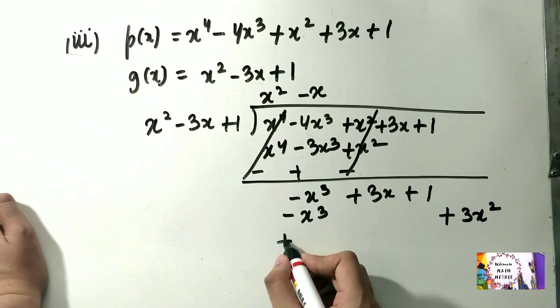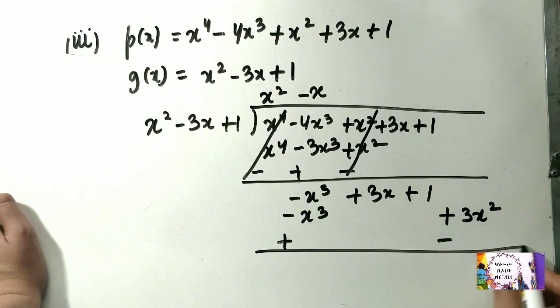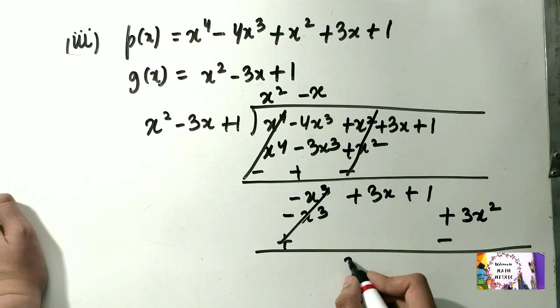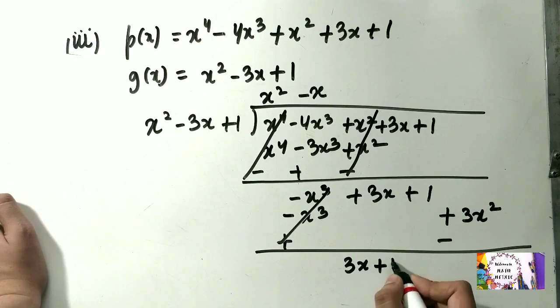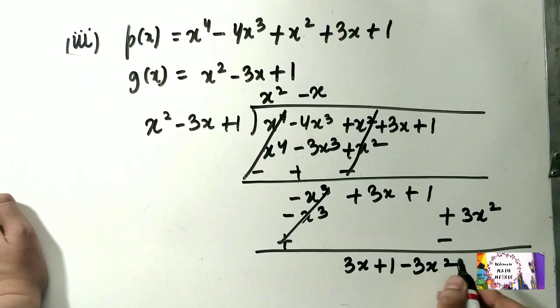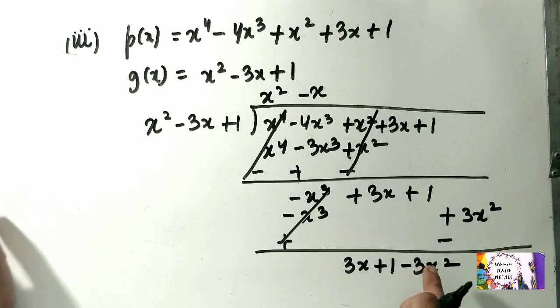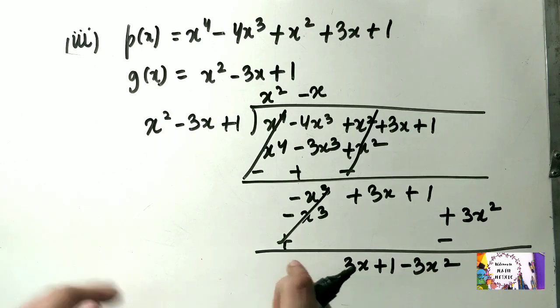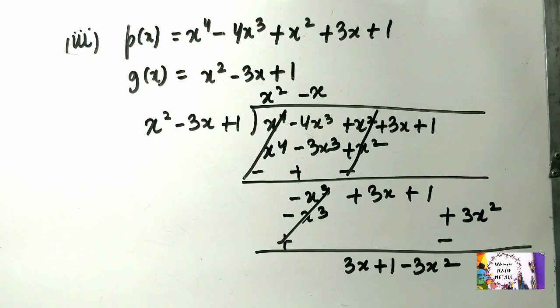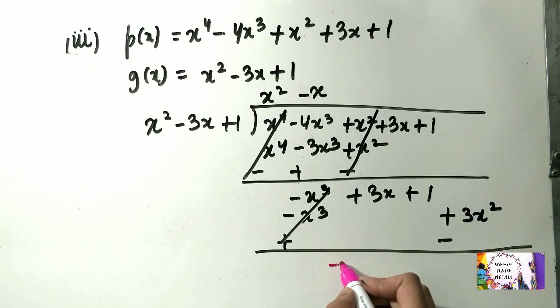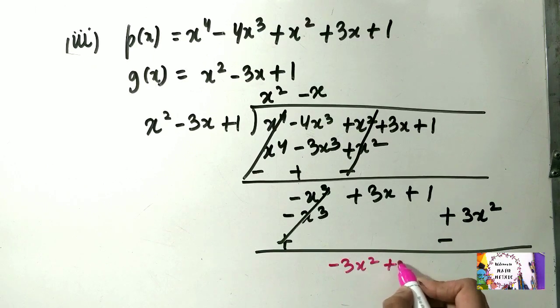So changing signs, we have something like this: 3x plus 1 minus 3x square. Now we have to have the degree of 2 in the front, so I'll rewrite this as minus 3x square plus 3x plus 1.